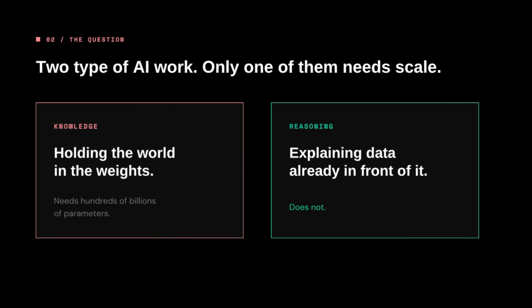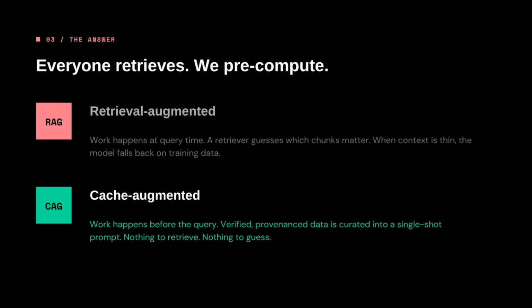Now, CAG works the other way around. Before anyone asks anything, we build a verified provenance source of truth based on the customer's own internal systems. That means every figure is traceable right back to the source. And then we curate it and organize it and put it within an organization ontology so that when a user has a question, we simply retrieve the trusted information and summarize that into a single shot prompt that sits resident in the model's context.